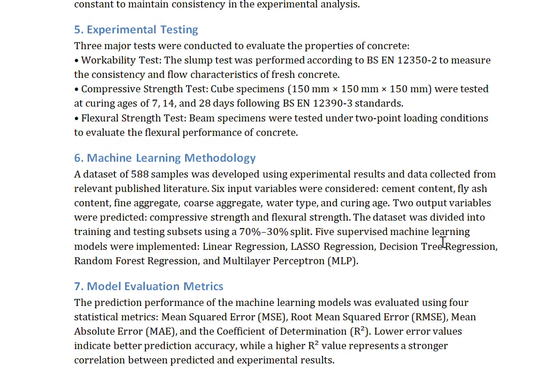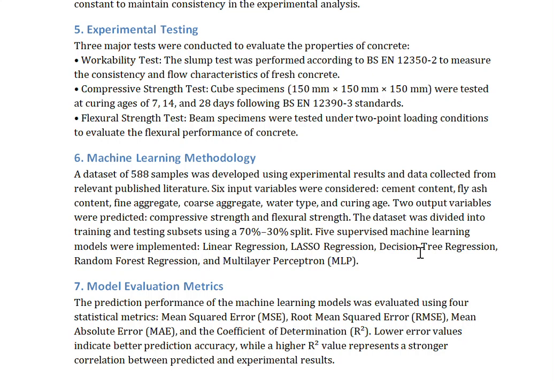Now we'll discuss the methodology of the machine learning. In my research, a dataset of 588 samples was developed using experimental results and data collected from relevant public literature. 6 input variables were considered: cement content, fly ash content, fine aggregate, coarse aggregate, water type, and curing age. 2 output variables were predicted: compressive strength and flexural strength.